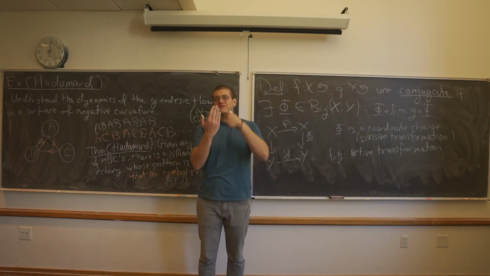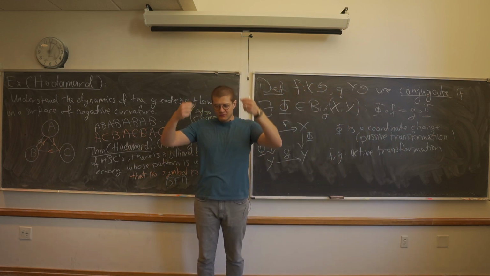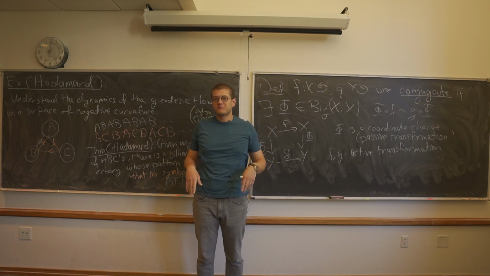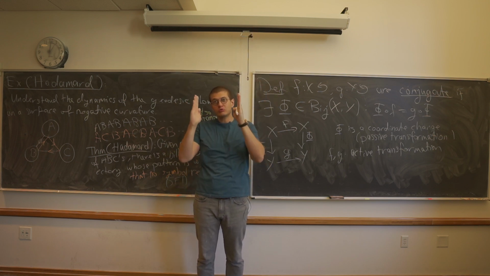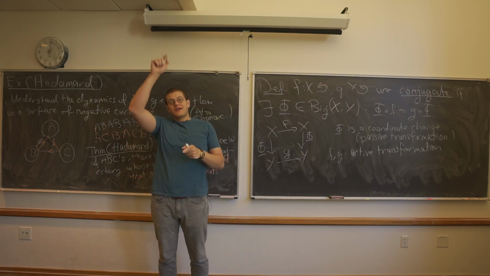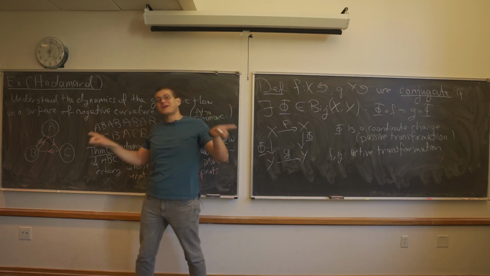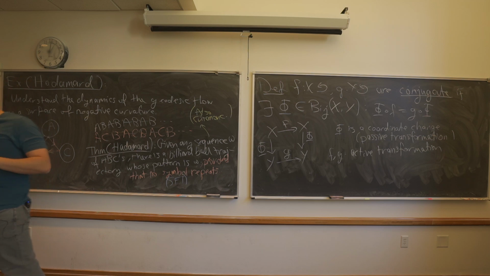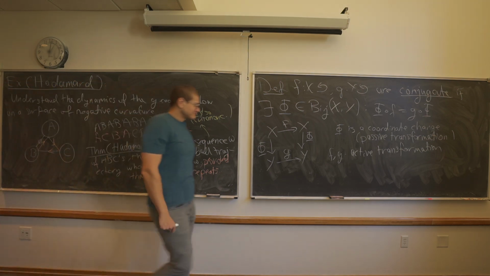The active transformation is you're doing something, you take this and move it upwards. The passive transformation is you don't do anything, you move yourself. So active goes this way, passive goes that way. They're sort of opposite, they do the opposite things in a sense, but ultimately they are the same thing.